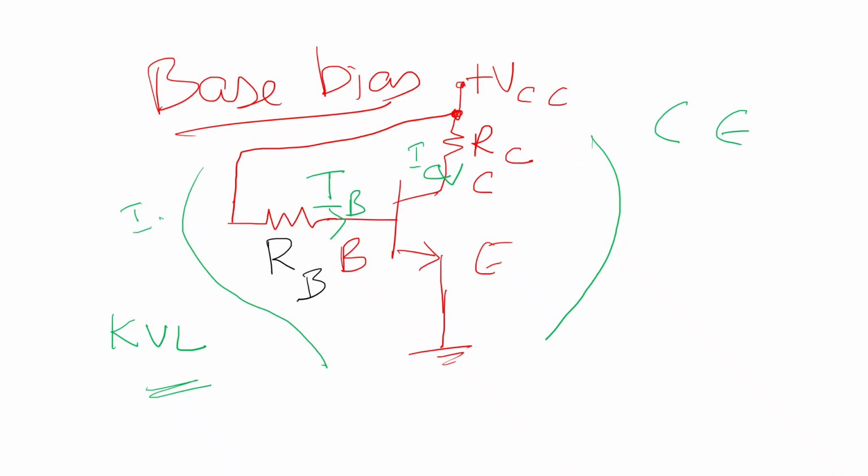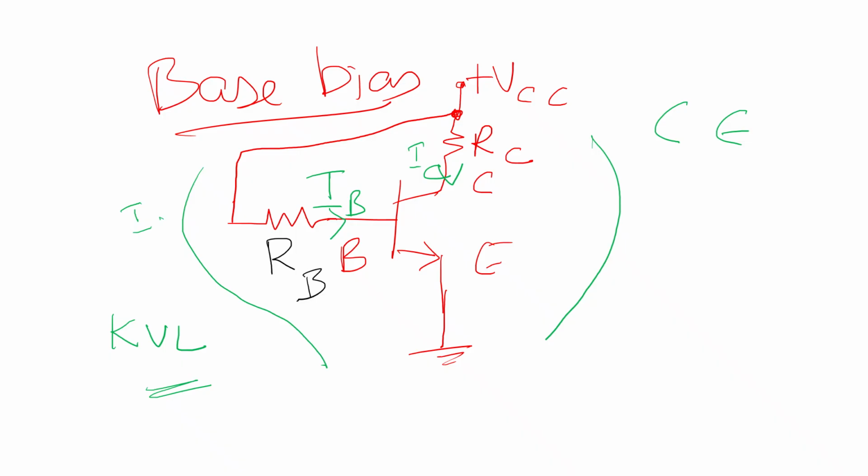If the base terminal is grounded, we call it common base. If the collector terminal is grounded, it is called common collector. Most of the examples I'm going to take here are common emitter amplifier only, because it shows more amplification compared to its counterparts, common base and common collector.